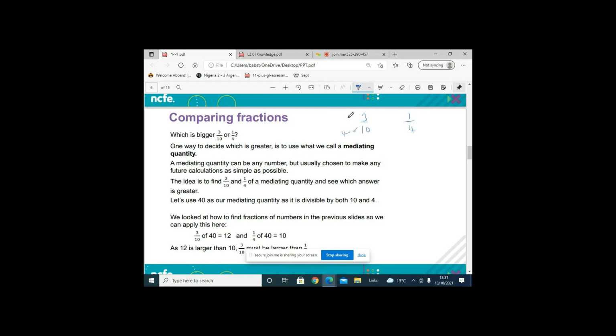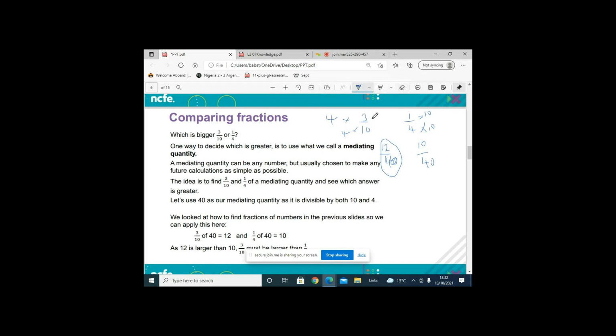So this one times 4 is going to be 12/40, and this one times 10 is going to be 10 over 40. Can you see? They have the same denominator, but this one is bigger because of the higher numerator. And you have to make sure they have the same denominator.